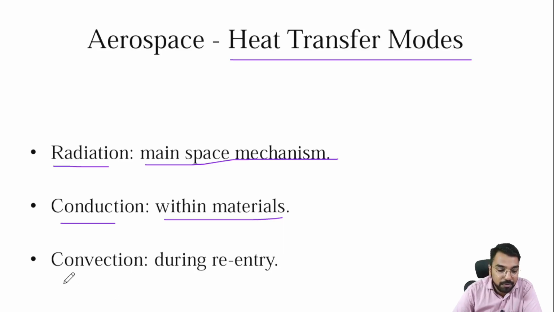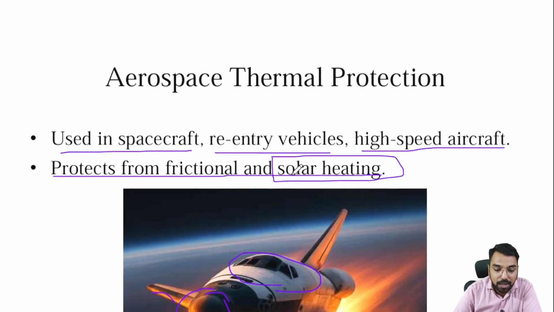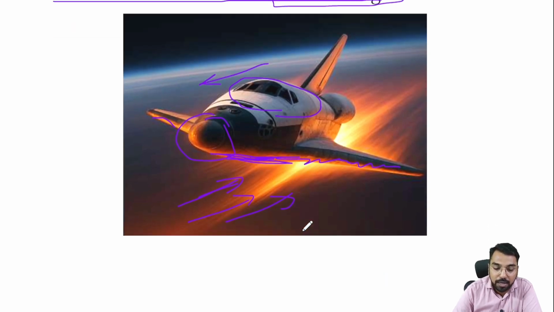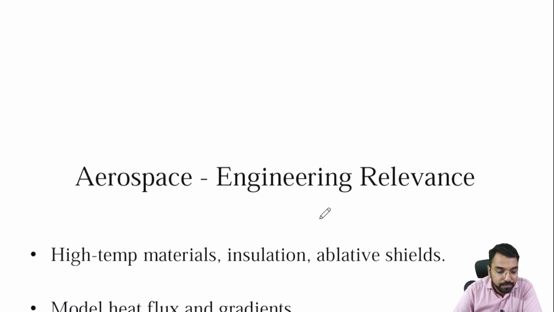And in convection during re-entry, the air is flowing, and the spacecraft is entering Earth's atmosphere at high speed, due to which high frictional force is created in the fluid flow, and this high heat can be observed at the bottom and at the nose.